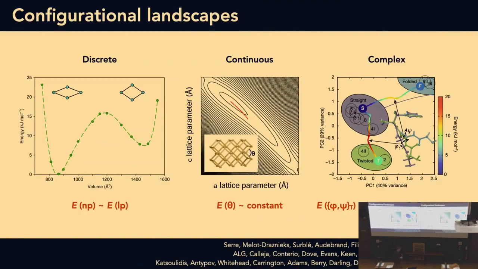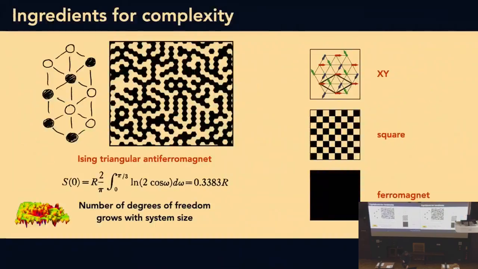So I'm just putting that here as a more complex system. But the reason I'm doing this is I want to make the conceptual link between these flexible systems and disordered systems. Because in each of these cases, what we have is a configurational landscape of states of similar energies that we can perhaps get from one to another using some perturbation to the system. And I think that's where, on the simplest level, the link to disorder comes from.